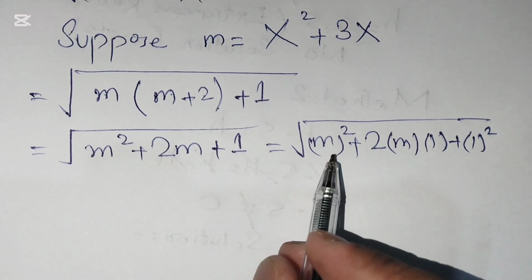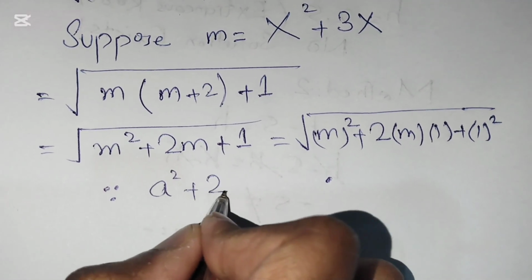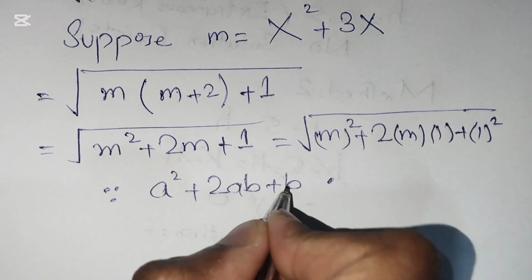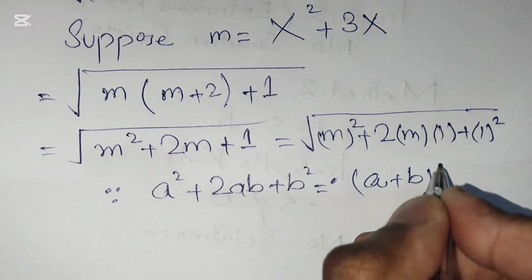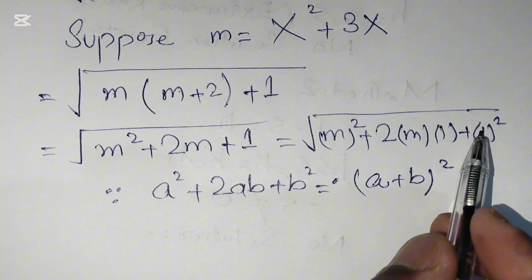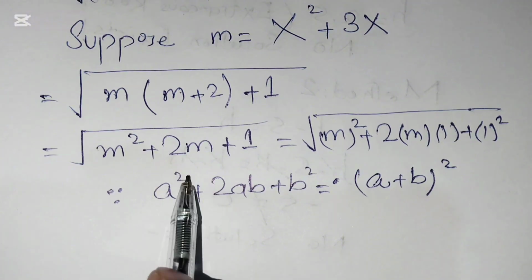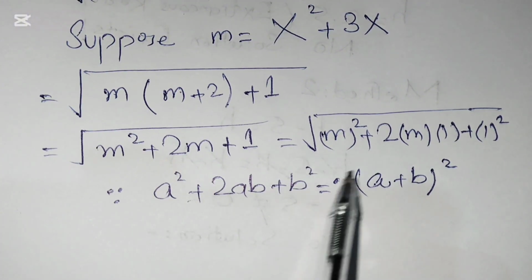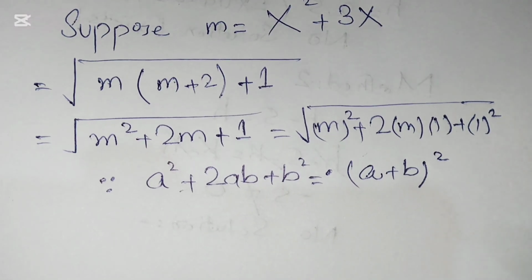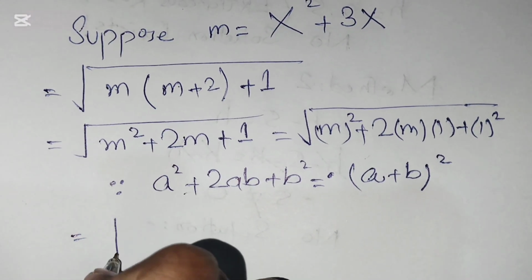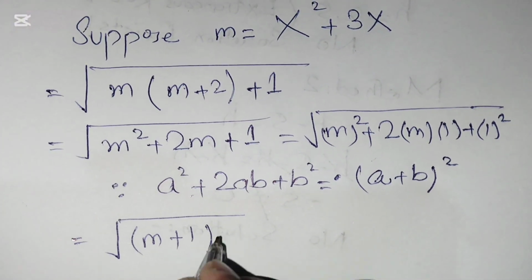We have done this because we know that a square plus 2ab plus b square is equal to a plus b whole square. This whole term is similar to this on the left side. a square is m square, 2ab is 2 m 1, plus b square is this 1 square. So the equation becomes square root of m plus 1 whole square.